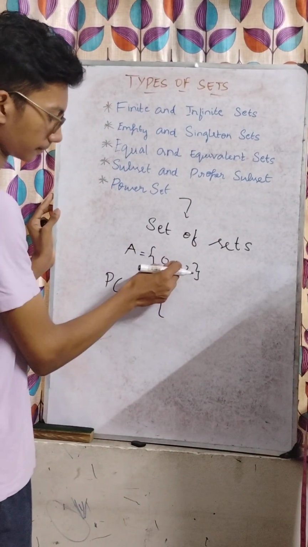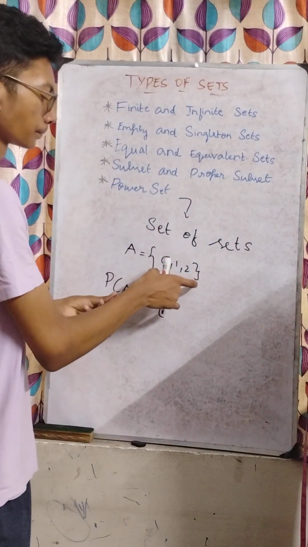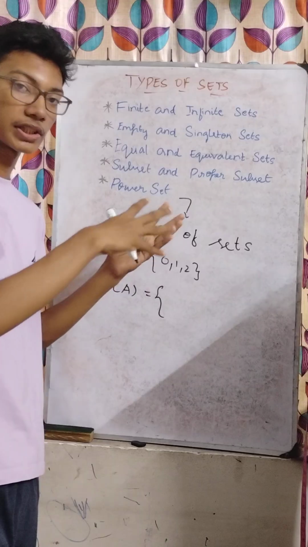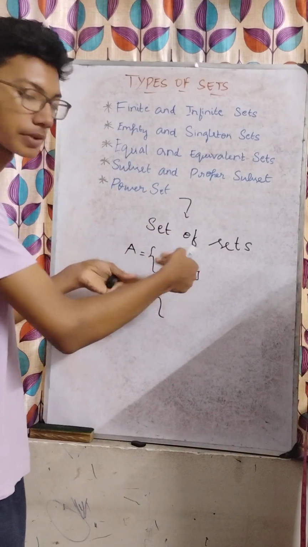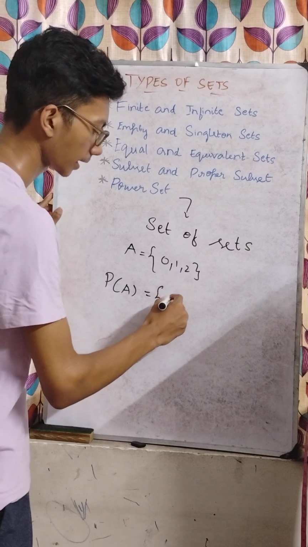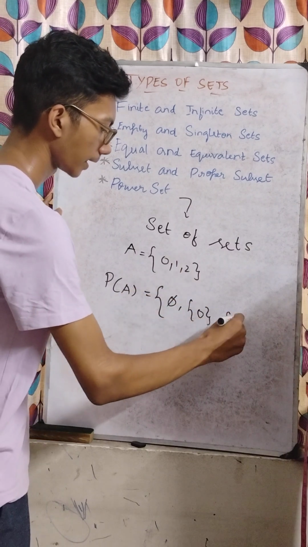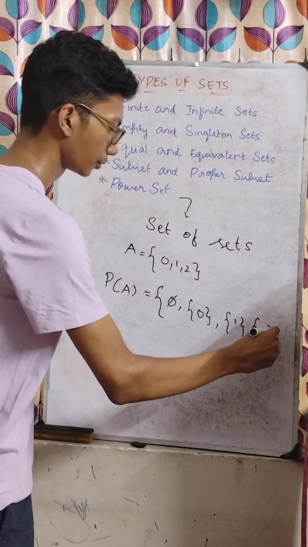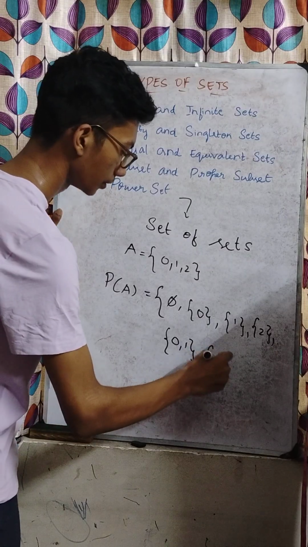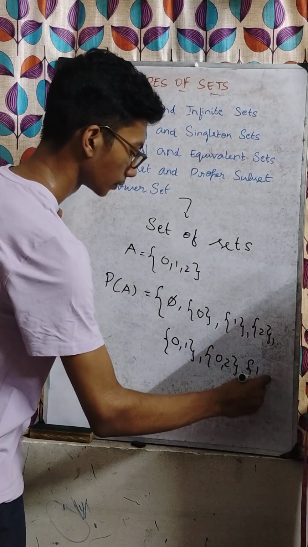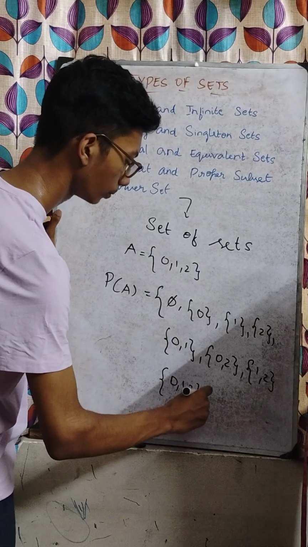So what is a power set actually? It is the set of all subsets of a set. That is, what are the subsets we can get from here? We can take the null set, we can take 0, we can take 1, we can take 2, we can take {0, 1}, {0, 2}, {1, 2}, and {0, 1, 2}.